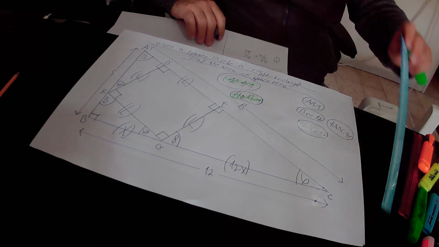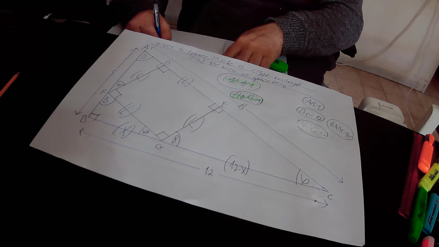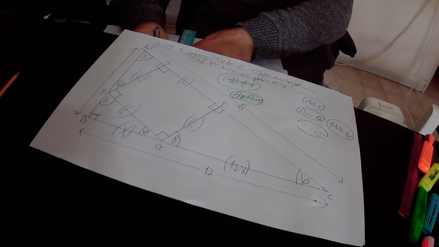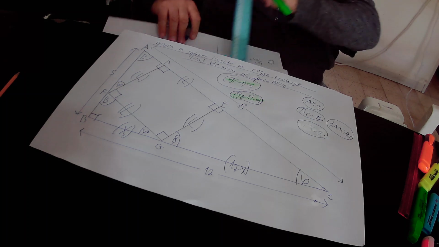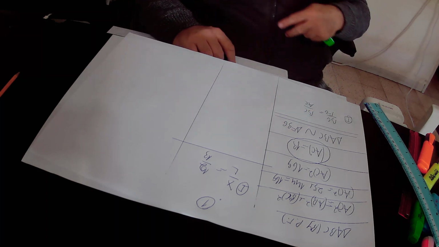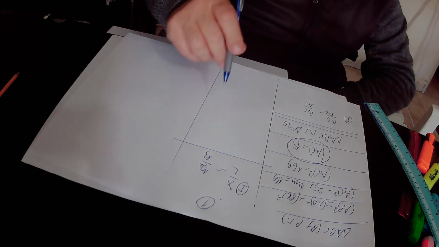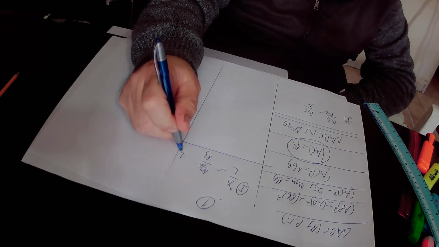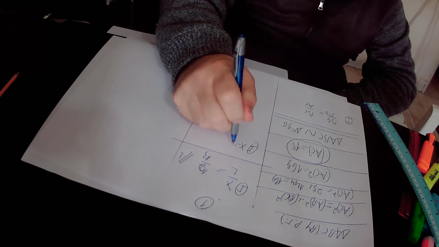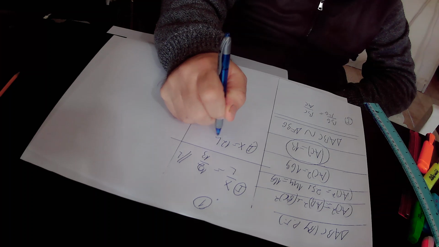In conclusion, according to equation 1, X over L equals 12 over 13. Here we multiply equation 1 by L, and we get that, according to equation 1, X equals 12L over 13.